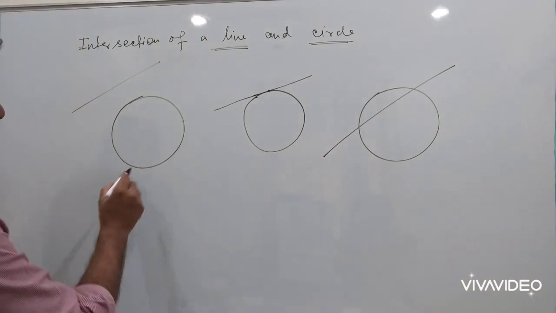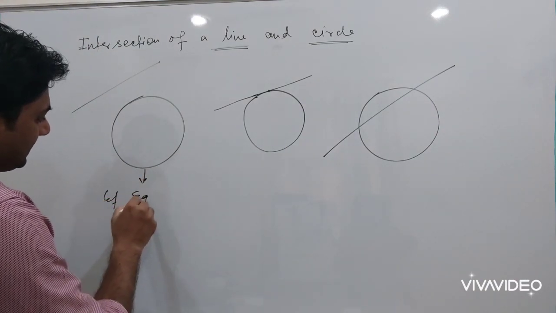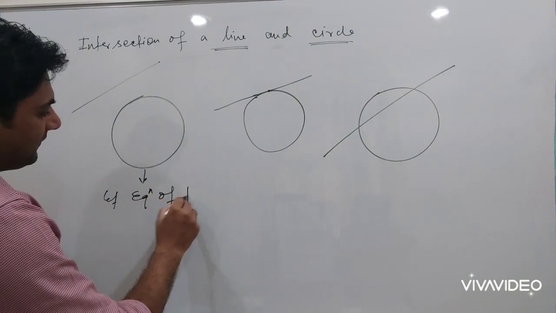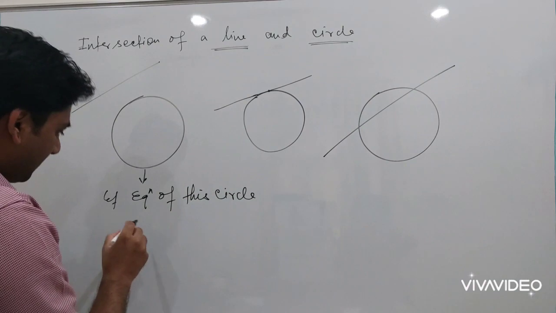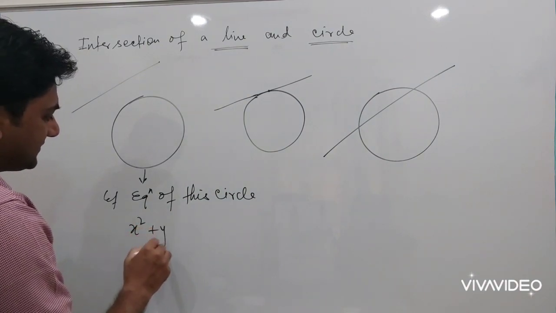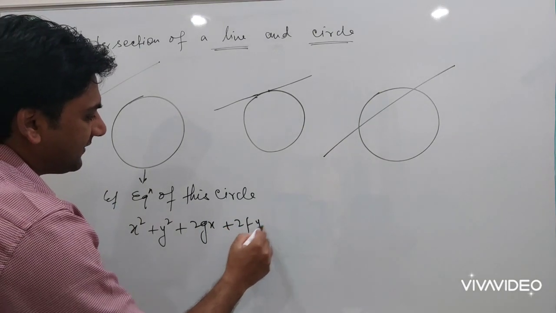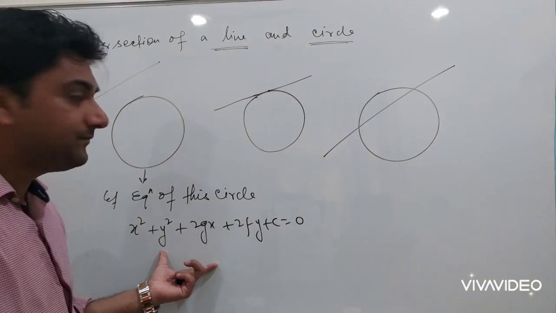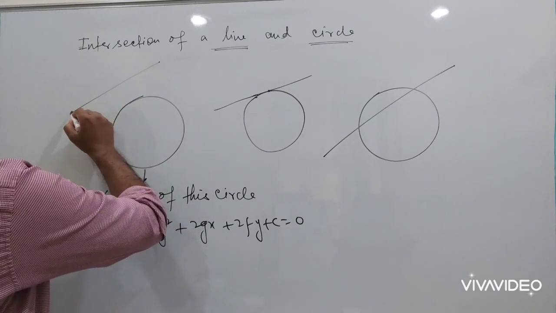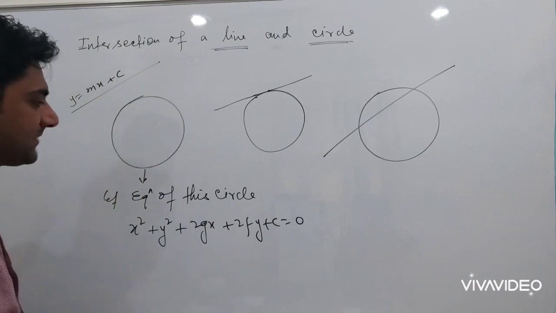Okay guys, so let the equation of this circle be x square plus y square plus 2gx plus 2fy plus c equals 0. This is the equation of the circle. And let the equation of this line be y is equal to mx plus c.